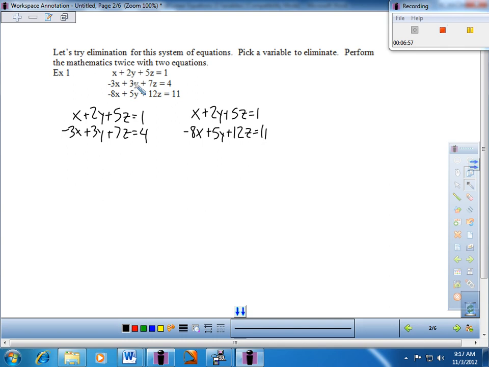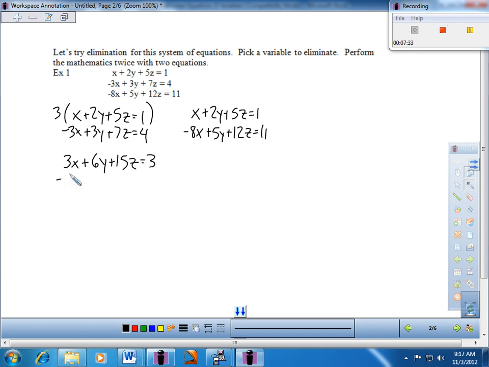So if it's okay with you, I'm going to do this. I'm going to go ahead and multiply that top equation by 3. And again, I'm going to be a little careful here. I'm going to rewrite this. I could theoretically just multiply it in and add simultaneously, but I do want you to see every single step here. And so you decide for yourself what looks good and what you're able to shortcut a little bit.